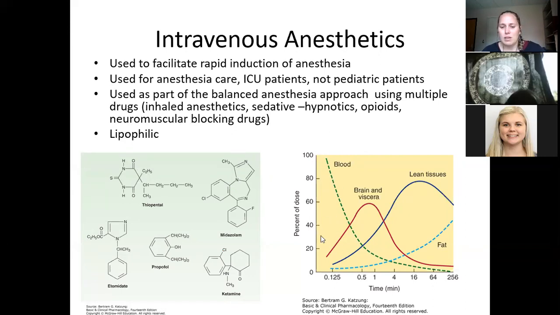And then here you can see quite quickly, within just a matter of minutes, the redistribution to things like the blood and viscera. And then over time, within a few more minutes, lean tissue as well as fat. And so as that administration occurs, this drug is going to be finding its way into multiple tissues within the body, having those anesthetic effects.